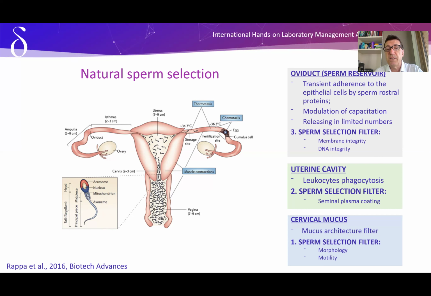It comes to transient adherence of sperm to epithelial cells that are attached with sperm rostral proteins, and the epithelial cells modulate the capacitation of sperm. In fact, they release the sperm in limited numbers to swim toward the ampullar region where the fertilization should occur. So this sperm selection filter selects the sperm according to membrane integrity and DNA integrity.